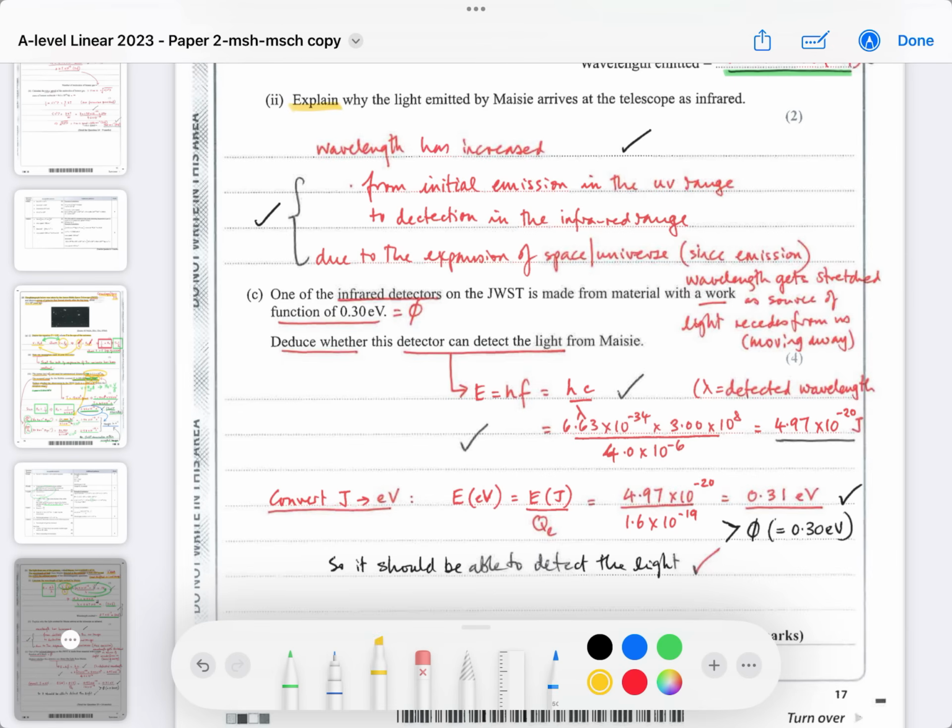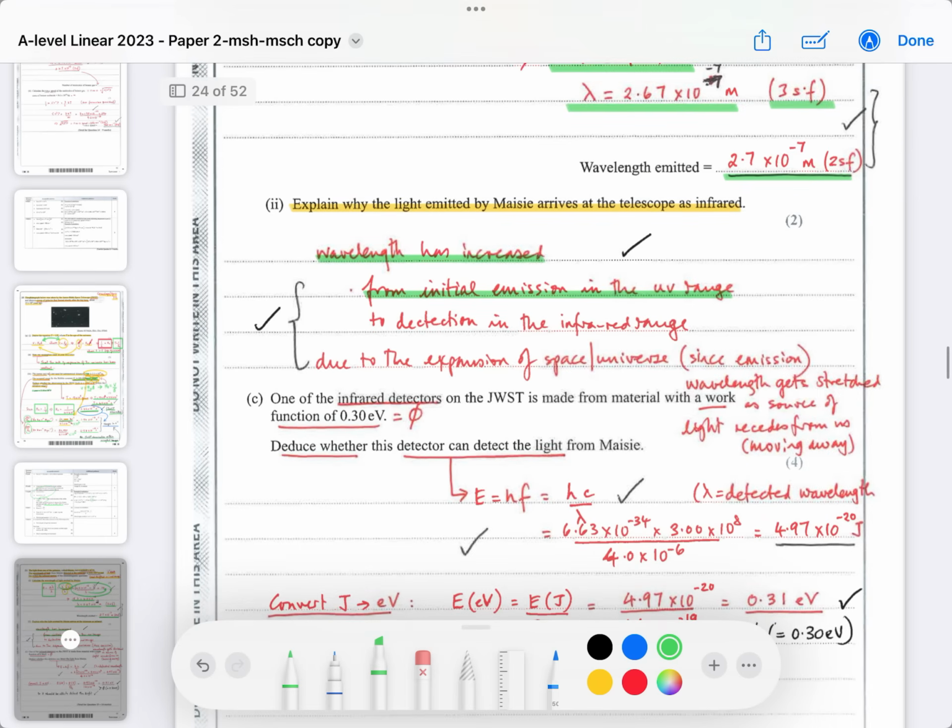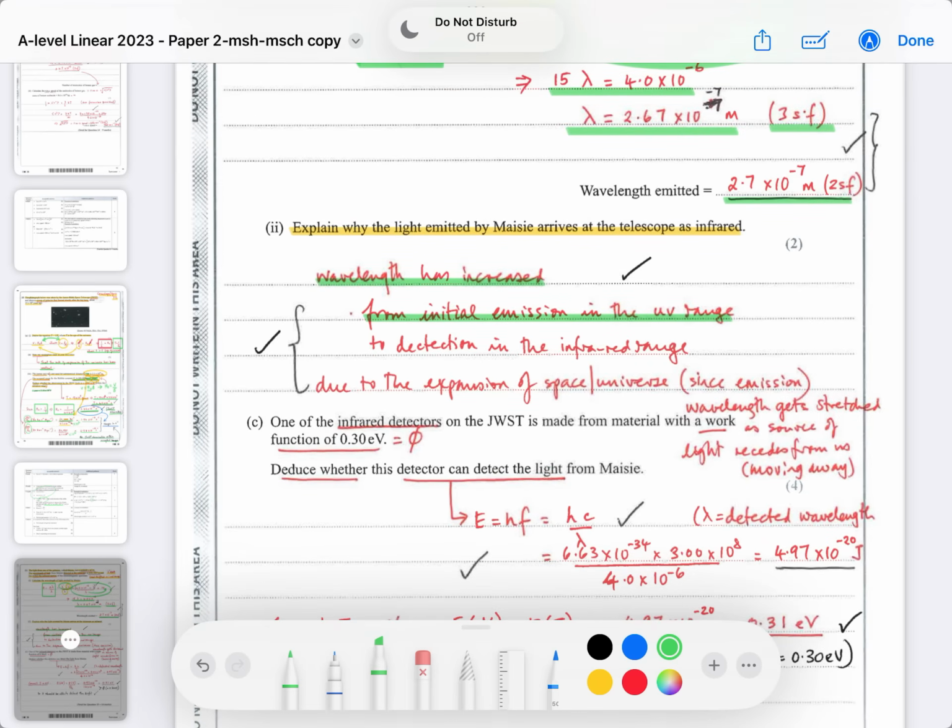It then says, explain why the light emitted arrives as infrared. Well, we know that the wavelength has increased from the initial emission in the UV range. Let's have a look. It's 2.7 times 10 to the minus 7. Now visible light is 400 to 700 nanometers.